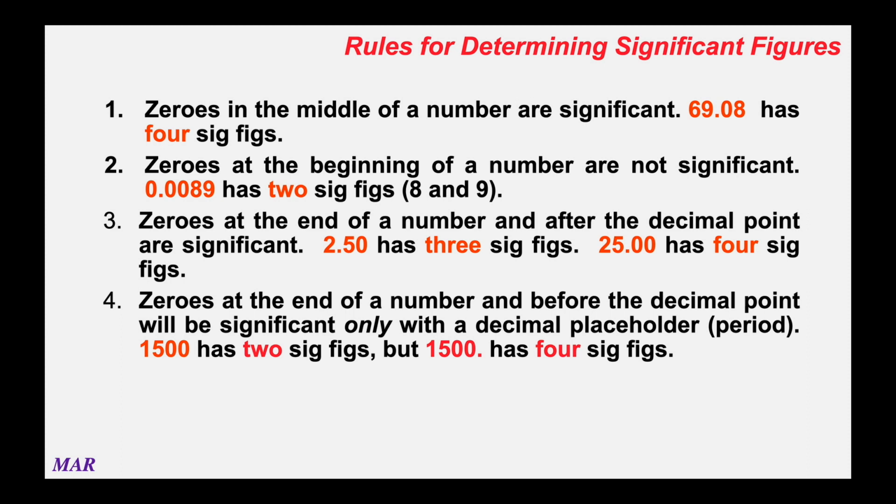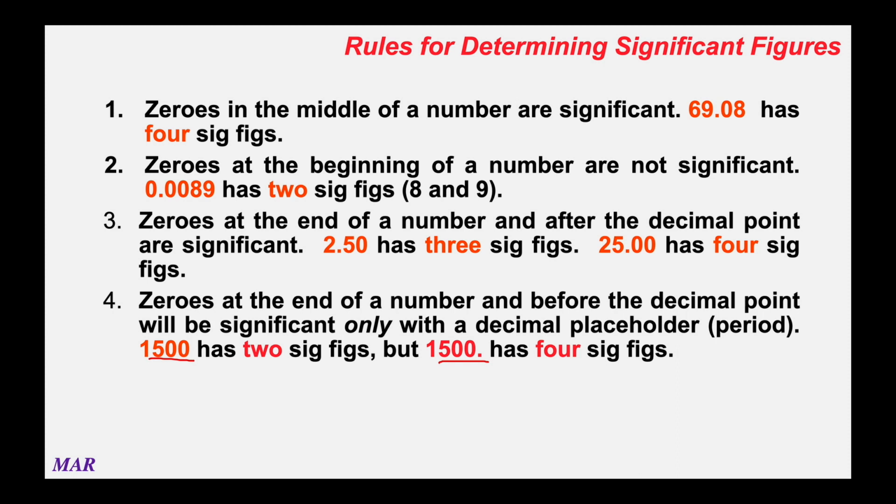If the zeros, though, are before a decimal and after a non-zero number, then you have to be a little careful, all right? Most of the time, they're only significant if there's a decimal placeholder or a period. So let's look at these two numbers, 1500 with no dot, 1500 with a dot. 1500 with no dot, the first one, we would assume has only 2 sig figs.